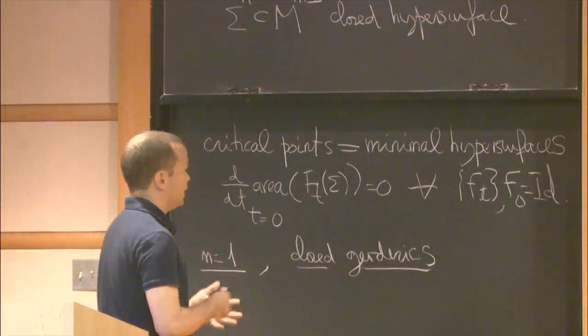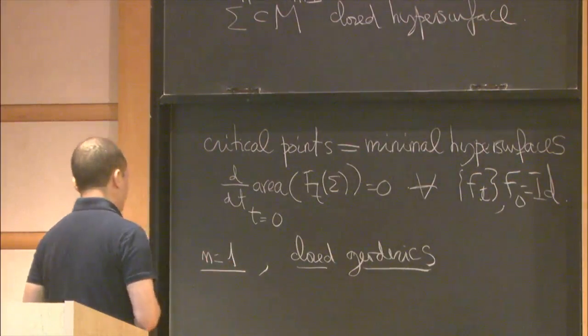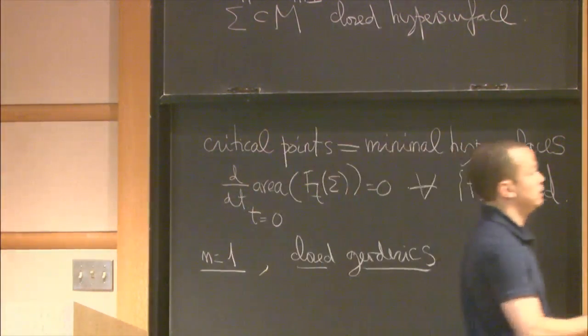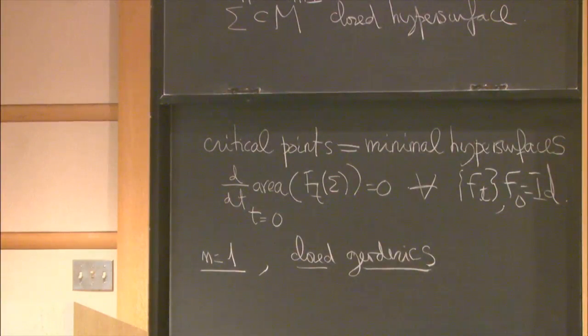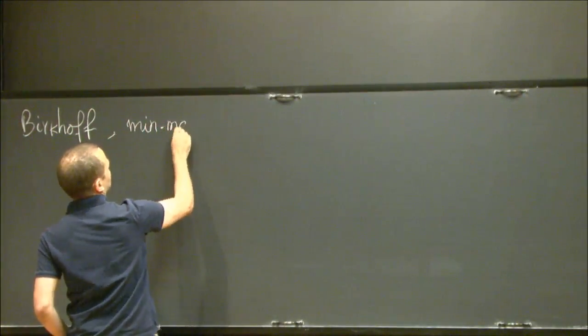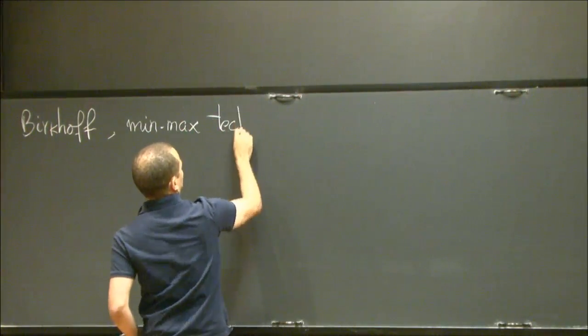Poincaré, I think, had some minimization schemes in mind for some particular situation, but it was Birkhoff, in the 1920s, who realized that this is not a minimization problem, so he invented the minimax technique.